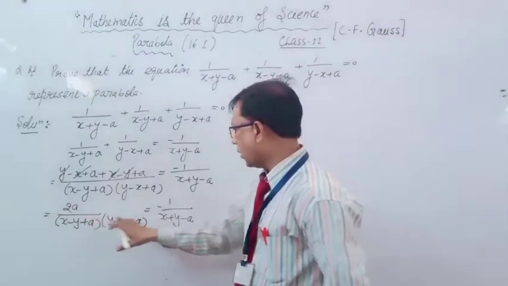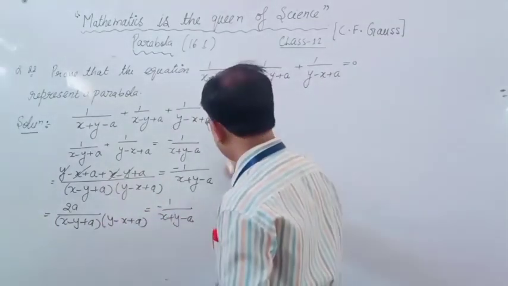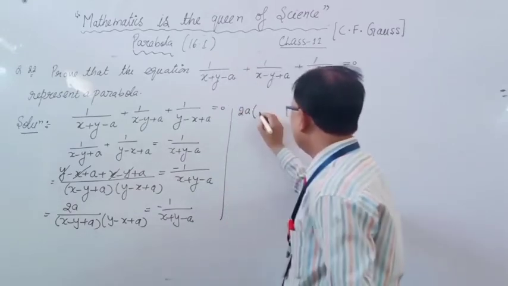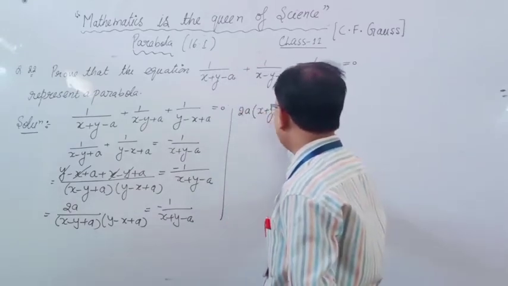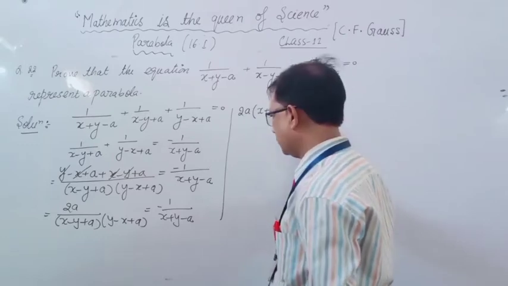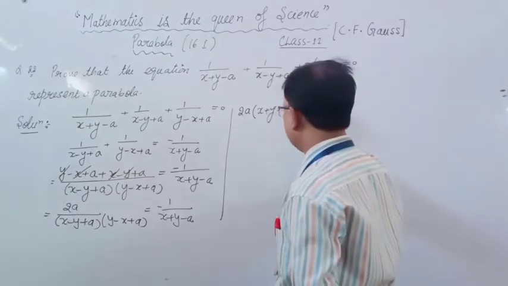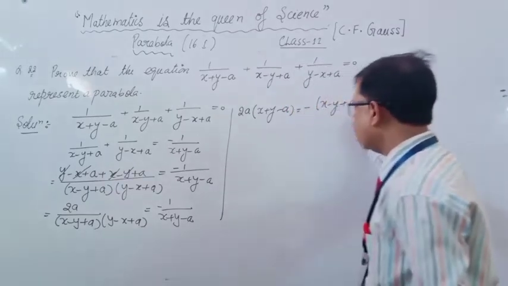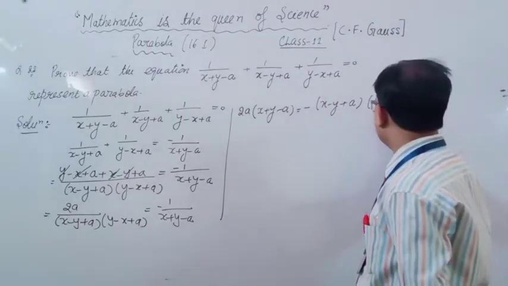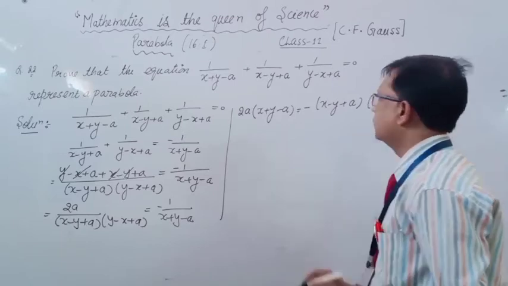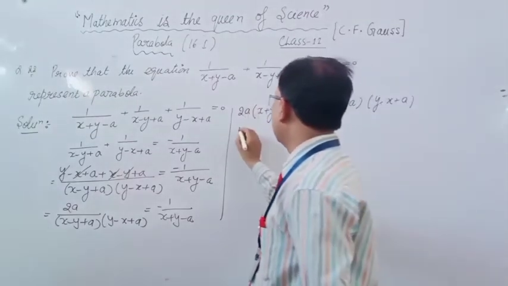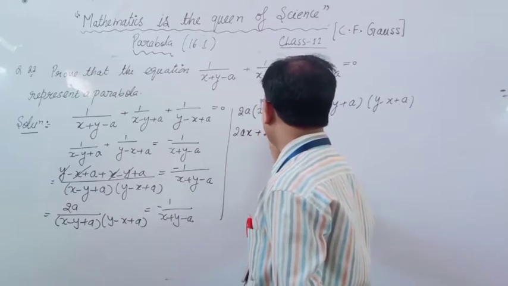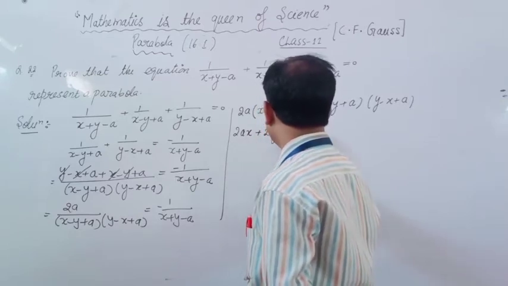Now we cross multiply this equation, so we get 2a times x plus y minus a equal to minus x minus y plus a times y minus x plus a. We open the bracket: we get 2ax plus 2ay minus 2a square.